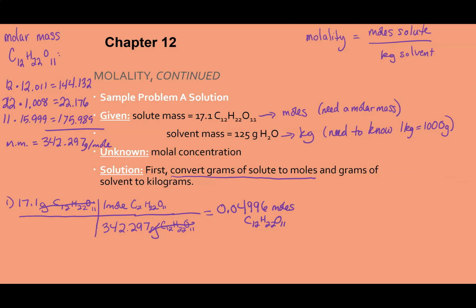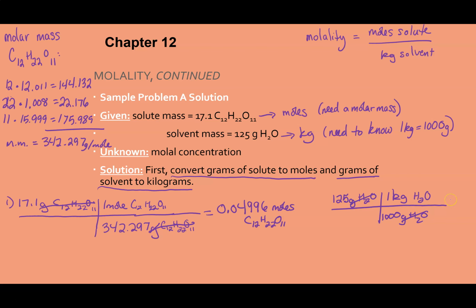Next I'm going to convert the grams of the solvent to kilograms. So I'm going to start with my number of grams of H2O. I'm going to go to 1 kilogram, knowing there are 1,000 grams of H2O in 1 kilogram of H2O.